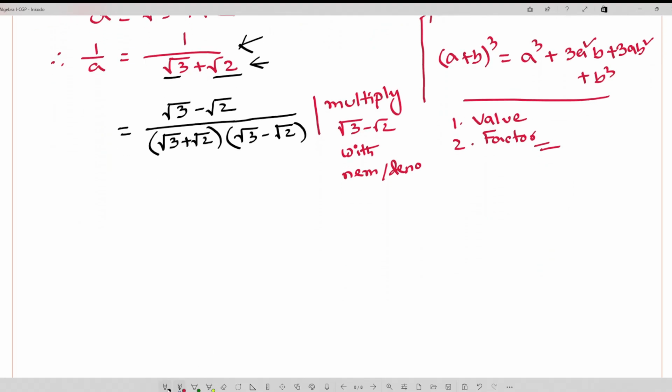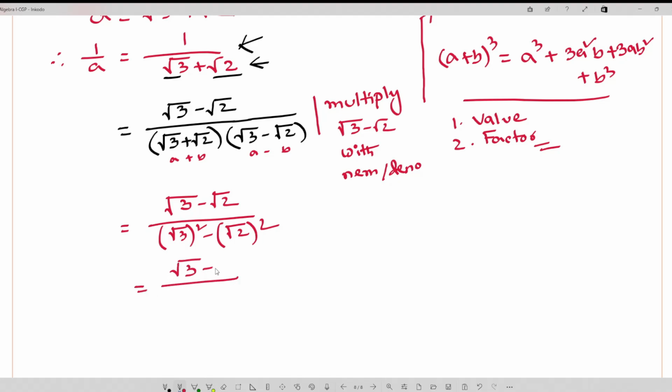And now look, it looks like a plus b, a minus b. Therefore we can write like this: root 3 minus root 2, and here root 3 square minus root 2 square, okay? Once we square the root, the root will be out. So here is 3 minus 2, and in the numerator root 3 minus root 2, and 3 minus 2 means 1.